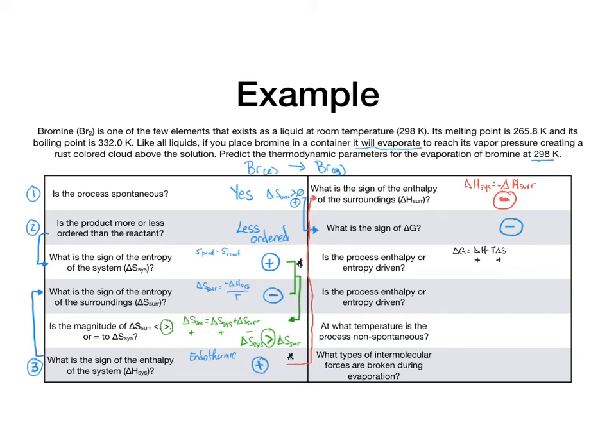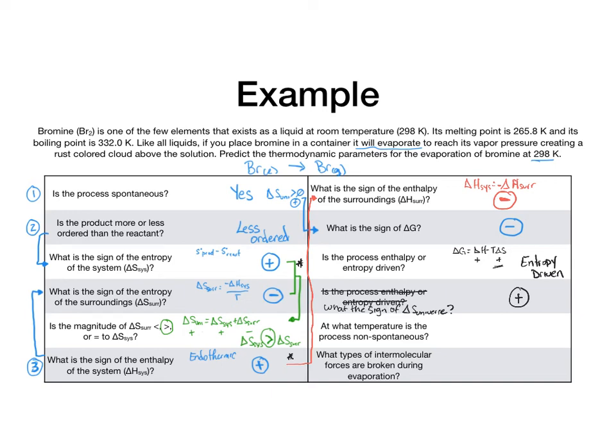That means that the T delta S is what is allowing this reaction to be spontaneous. And so this is an entropy driven system. I have this question in here twice. I think this was supposed to be, what is the sign of delta S universe? It is positive.